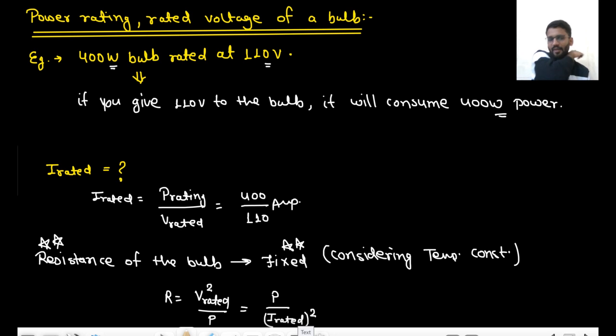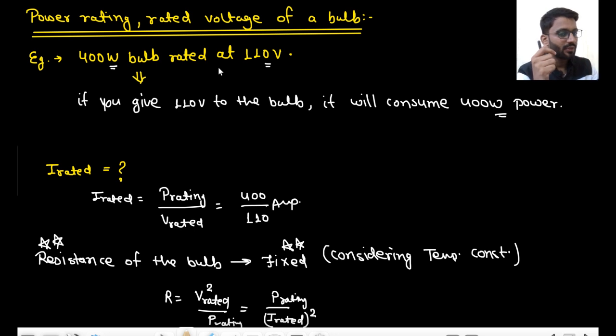So always remember it is fixed. What is this P? P is this power rating. It is fixed and it depends on the rated voltage, rated current and rated power. So if you are given the rated voltage and the rated current, you can find the resistance of the bulb, and that is fixed.